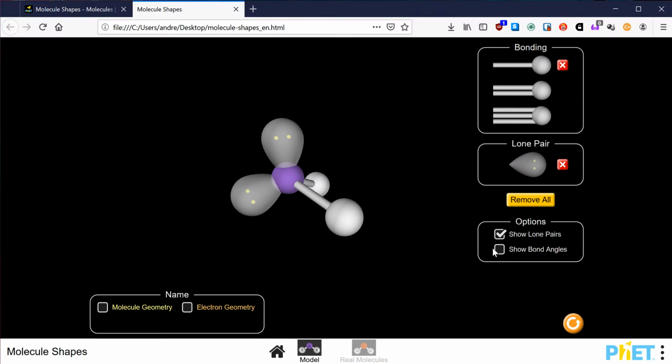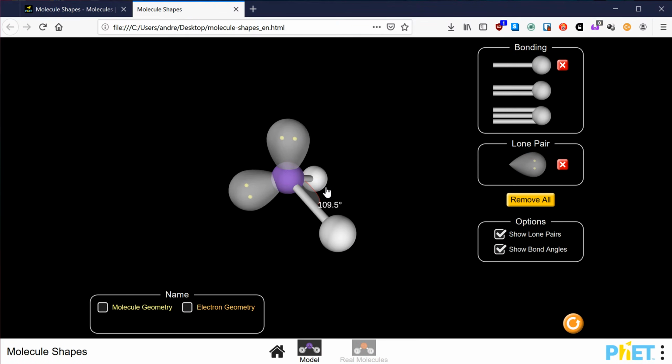And if we want to show the bond angles, again, we see the same bond angle that we would see in an AX4 molecule. So that's your introduction to the PhET molecular shape simulation. The more you play around with this, the more intuitive this becomes, and it becomes a very useful tool in terms of being able to predict the geometry of larger and more complicated structures that actually have their atoms in 3D.